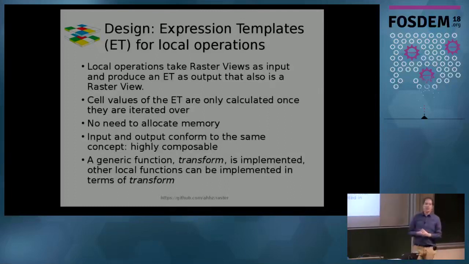Yeah, so the expression template that is the result of an operation on a raster is very cheap to produce because it's just the instructions to calculate something. It's not actually calculating something. Then, only at the point that you're iterating over the values, you're calculating them.